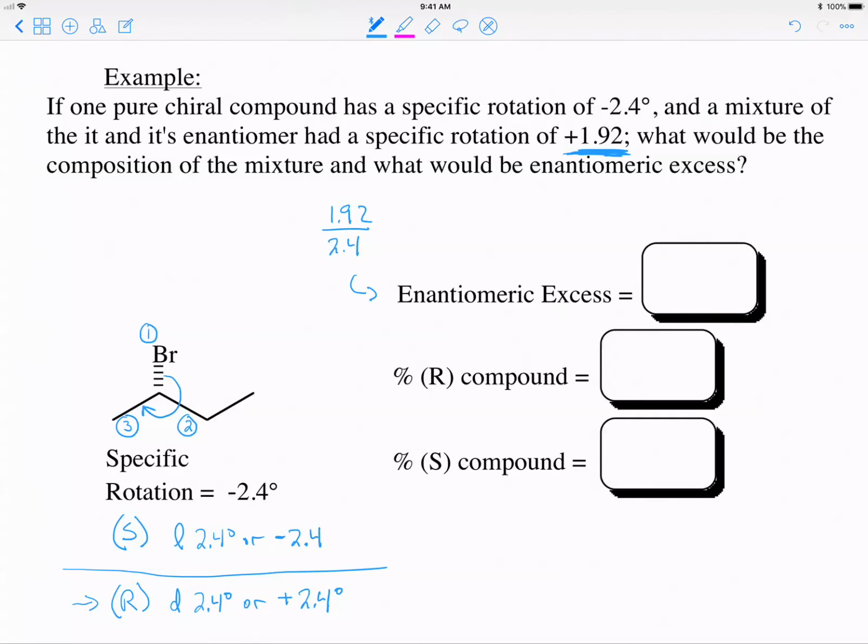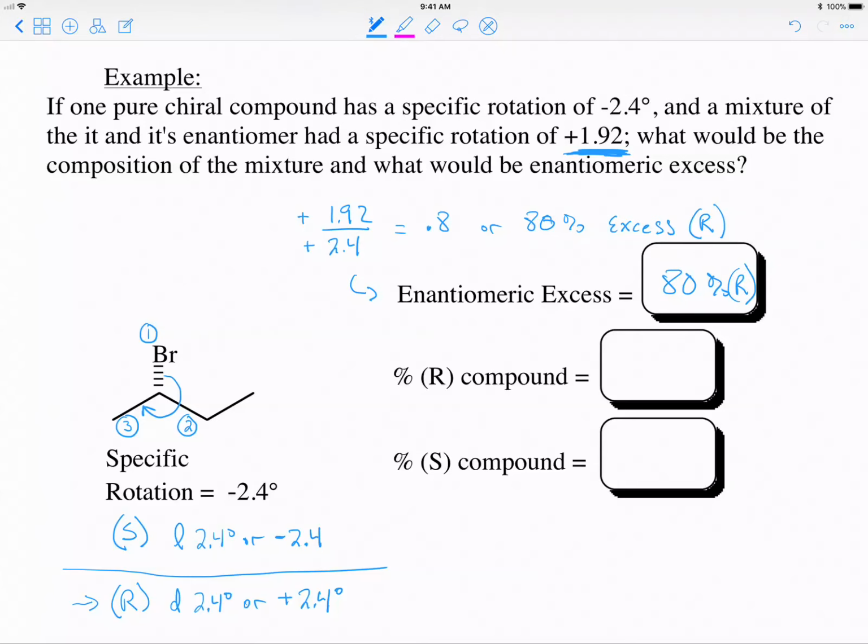So if you take out a calculator and figure that out, you'll say 1.92 divided by 2.4 is equal to 0.8, or 80% of my sample is excess, is still rotating light. And since it's rotating light in the plus direction, then that means that it's going to be the R compound that I have more of. So my enantiomeric excess is 80% of the R compound.